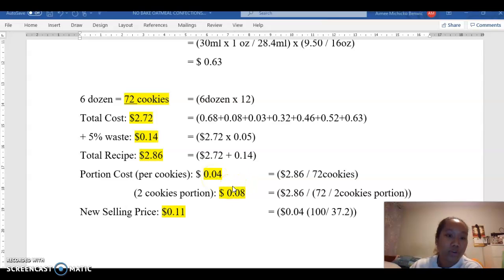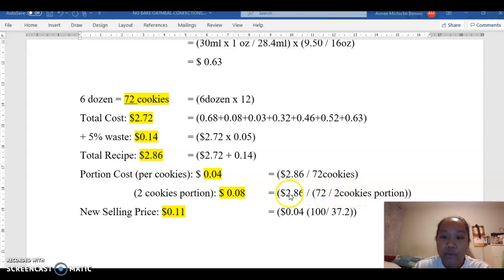Per 2 cookies, for 2 portions of cookies, the total recipe cost divided by 72, we have to divide 72 into 2 portions, so 72 divided by 2 gives us 36.